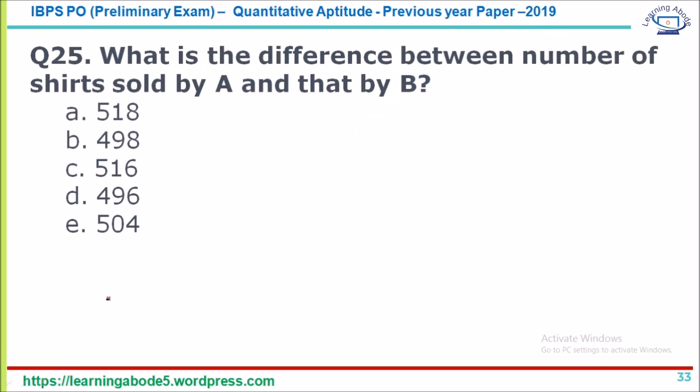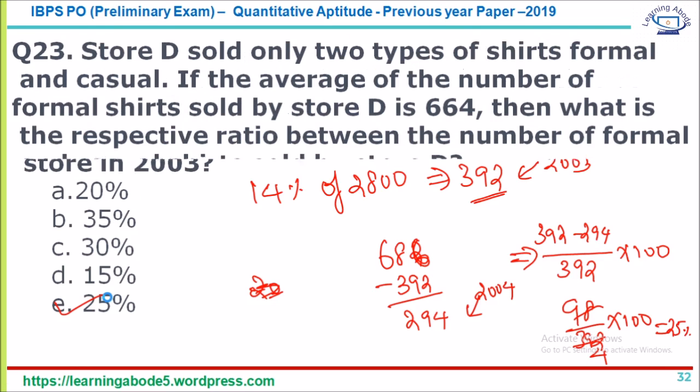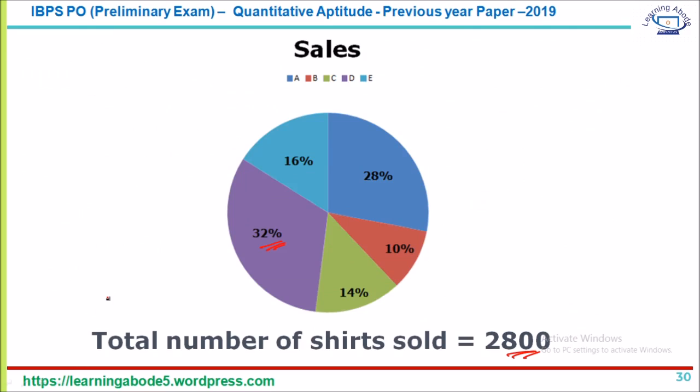Next question: what is the difference between the number of shirts sold by A and B? If we go back to the graph, A is 28%, B is 10%.